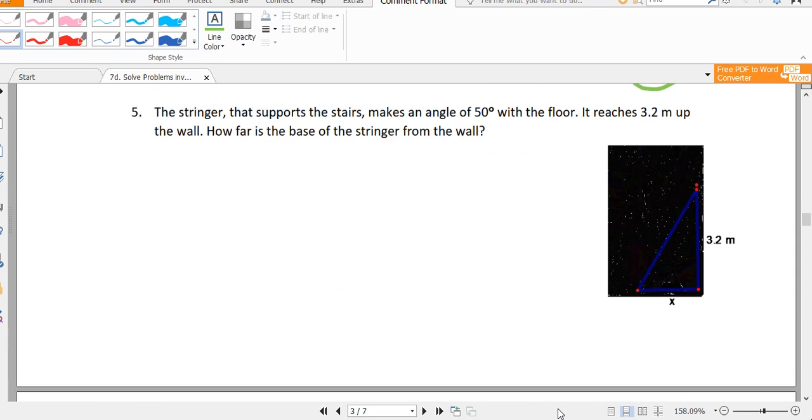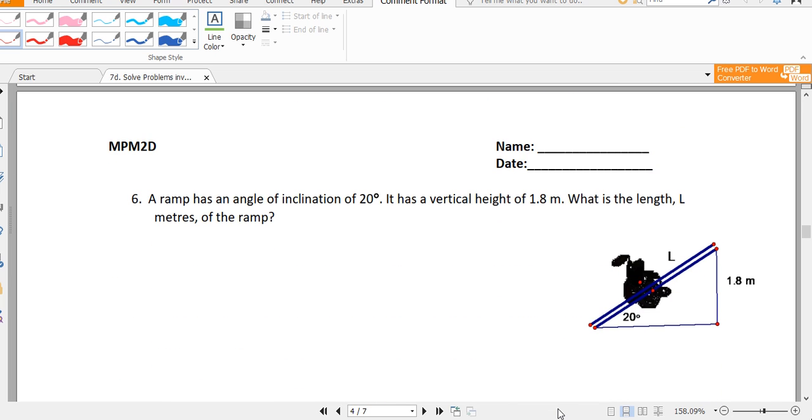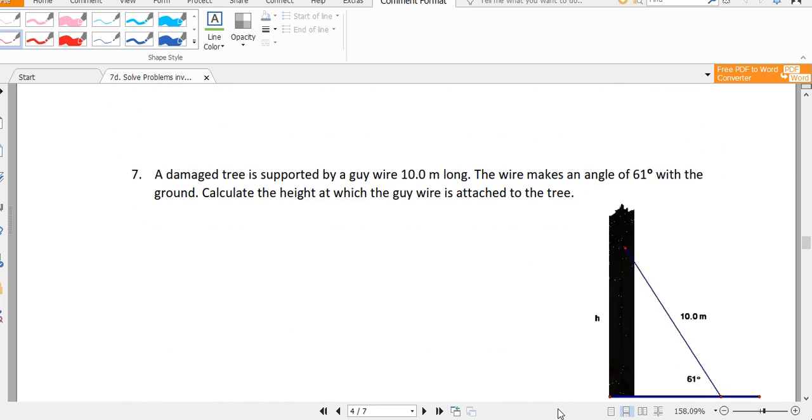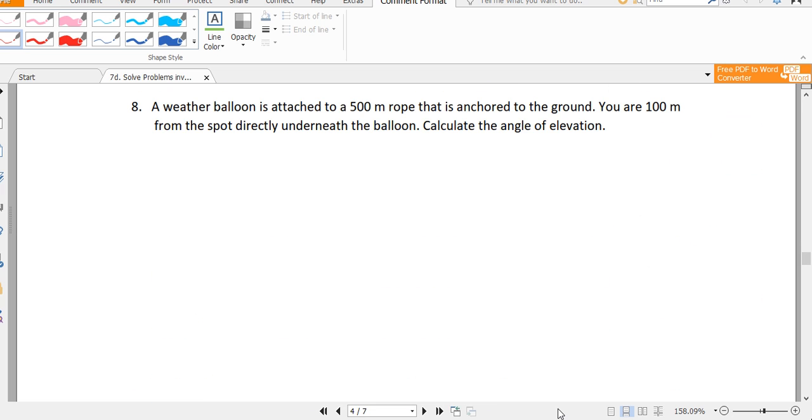Okay, a lot of these questions are very similar. Now I'm just going to quickly scroll through these to see if there is a question that might pose issues just because of the wording. This one. A weather balloon is attached to a 500-meter rope and is anchored to the ground. So, here is the anchor, and the weather balloon is attached to a 500-meter rope.